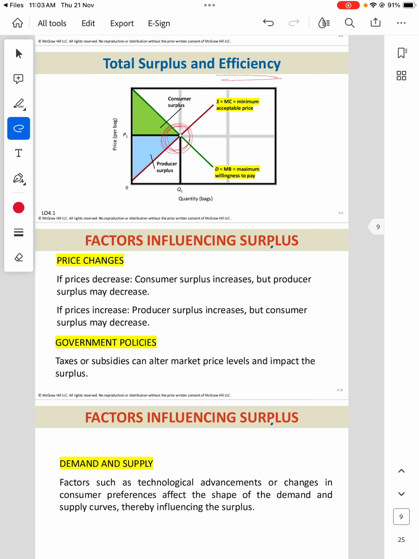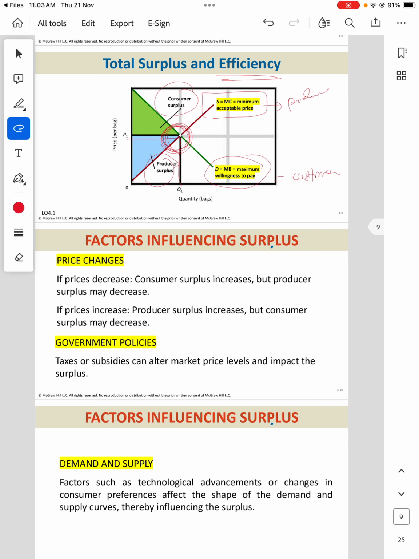Remember, supply equals marginal cost equals minimum acceptable price. This is from the producer side. Demand is marginal benefit equals maximum willingness to pay. This represents the customer.